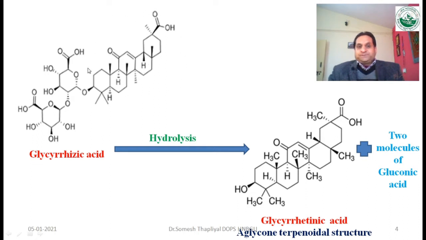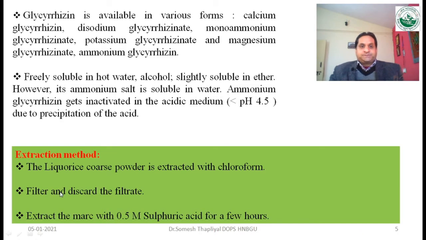On hydrolysis, glycyrrhizic acid forms glycyrrhetinic acid as well as two molecules of glucuronic acid. So on hydrolysis it gives one molecule of glycyrrhetinic acid and two molecules of glucuronic acid. This is all about the chemistry of glycyrrhetinic acid, or glycyrrhizic acid, or glycyrrhizin.